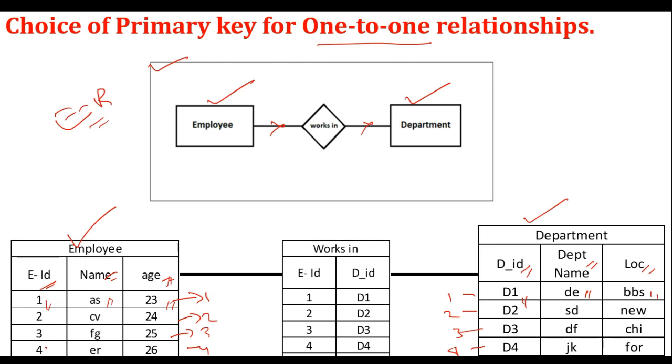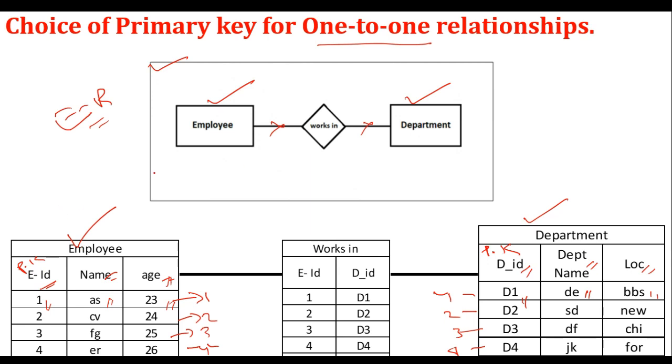If I pronounce employee ID 4, it uniquely identifies entity 4. In the same way, in the department entity set, if I pronounce D1, it uniquely identifies entity 1, and D5 uniquely identifies entity 5. This way, department ID constitutes the primary key in the department entity set, and employee ID constitutes the primary key for the employee entity set.